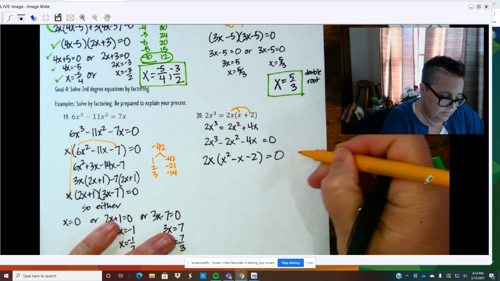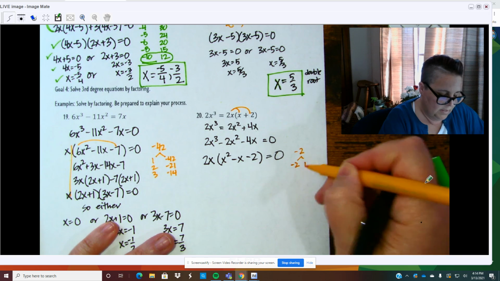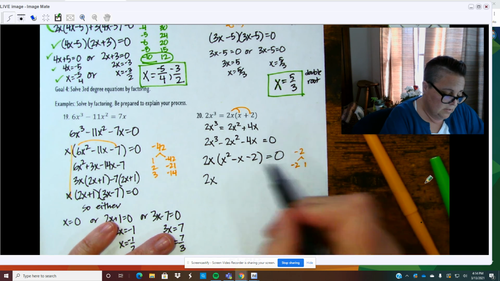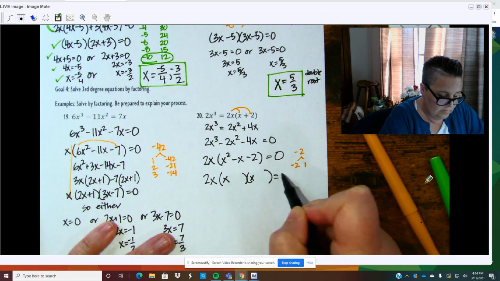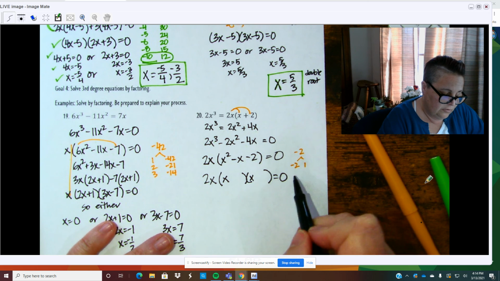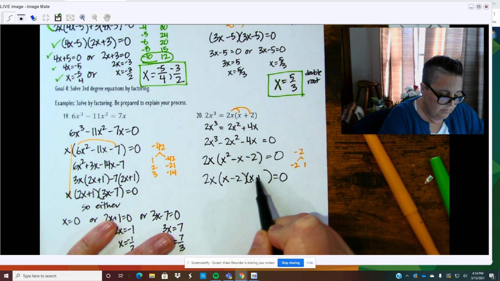So what multiplies to give me a negative 2, but when I add, I get a negative 1. I can use mental math on this one because that x squared can only be an x times an x. And then the pair that multiplies to give me a negative 2 but adds to give me a negative 1 is going to be a minus 2 and a plus 1.